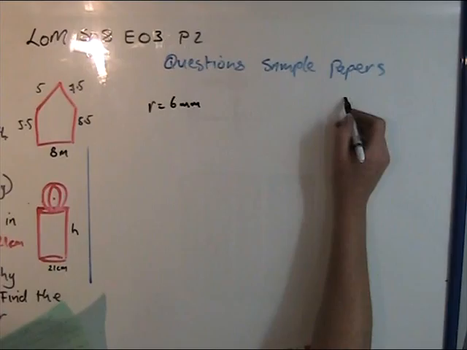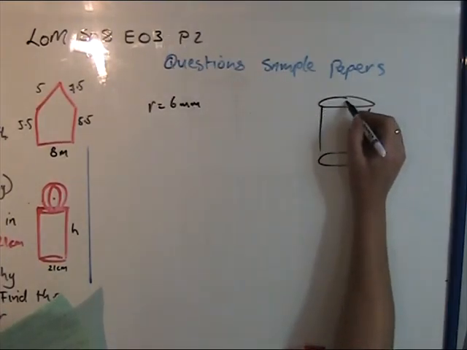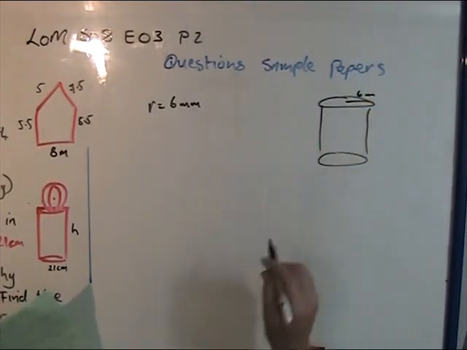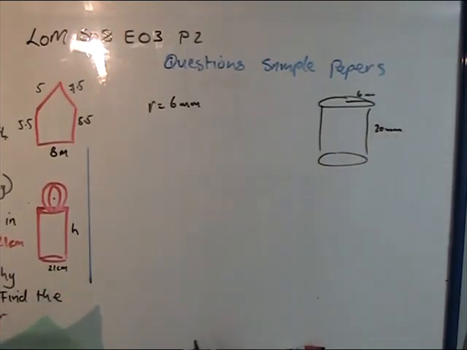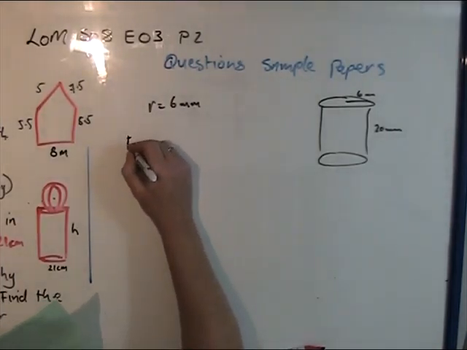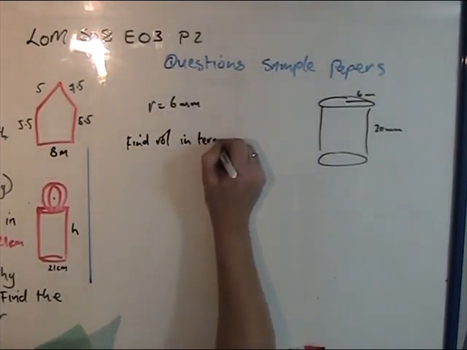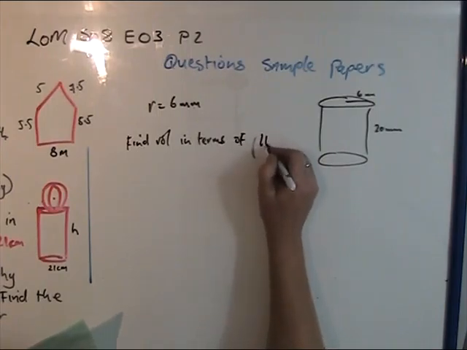So you have a very skinny cylinder with a radius of 6 millimeters and a height of 20 millimeters. Find the volume of the cylinder, giving your answer in terms of pi.